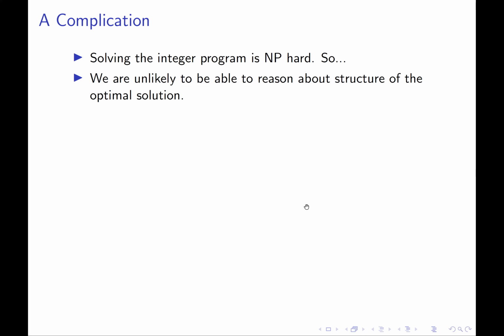So ultimately, I need to prove a theorem about the optimal objective value of every instance of a problem, which means that somehow in the workings of the proof, I need to understand some structure about optimal solutions.